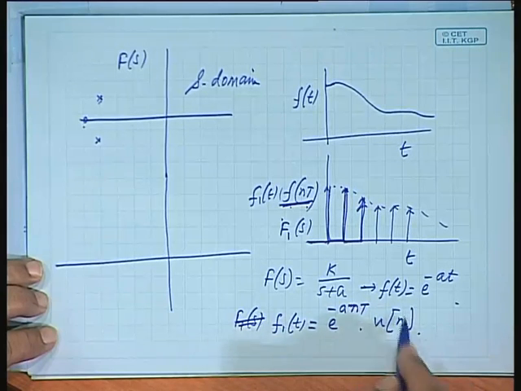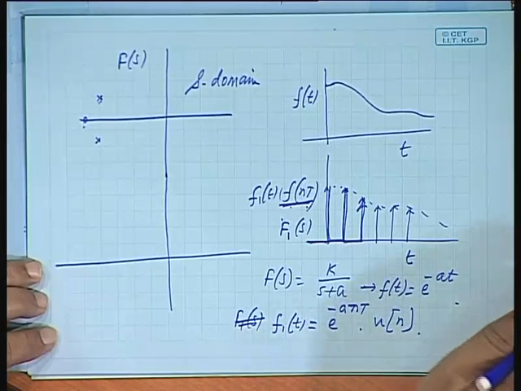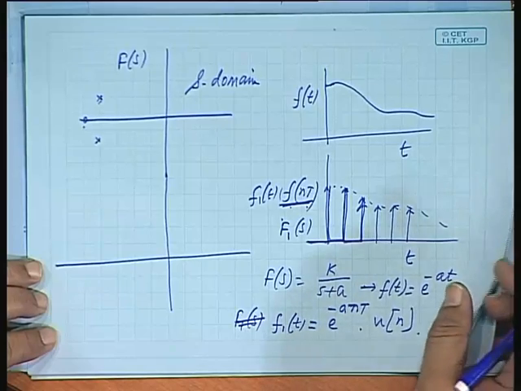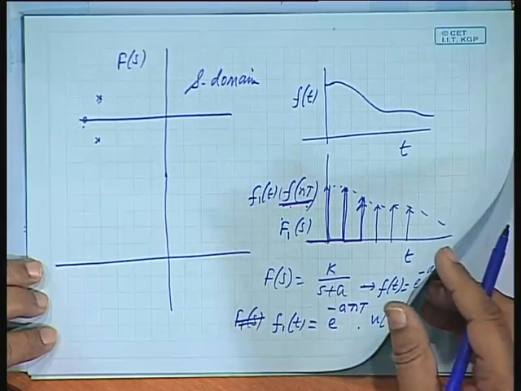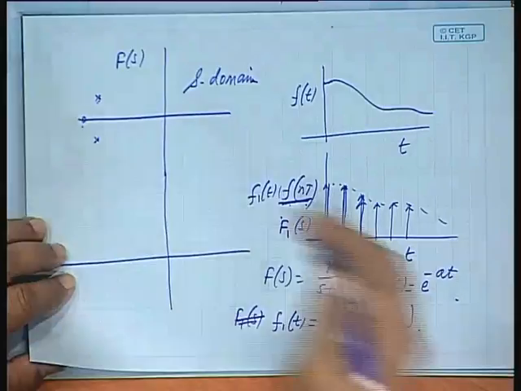So, what is the Laplace transform of this? If you take the Laplace transform, I leave it as an exercise, in the tutorial class we will discuss. All of you please try this, Laplace transform of this, then what are the roots of those?